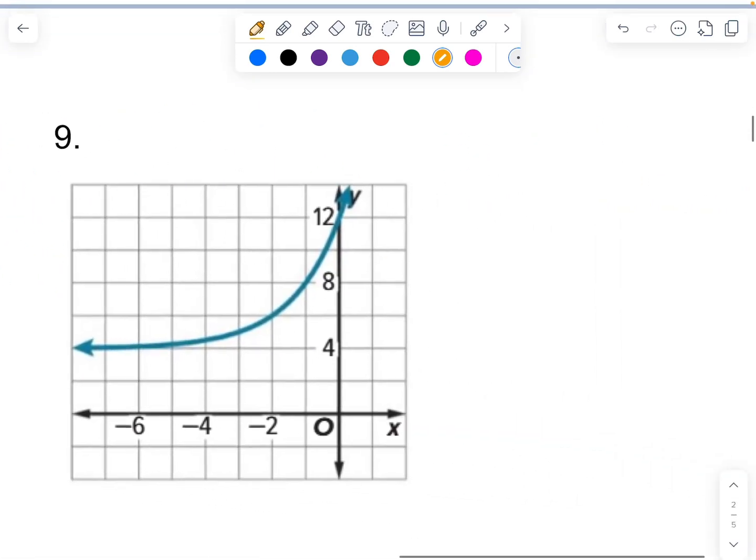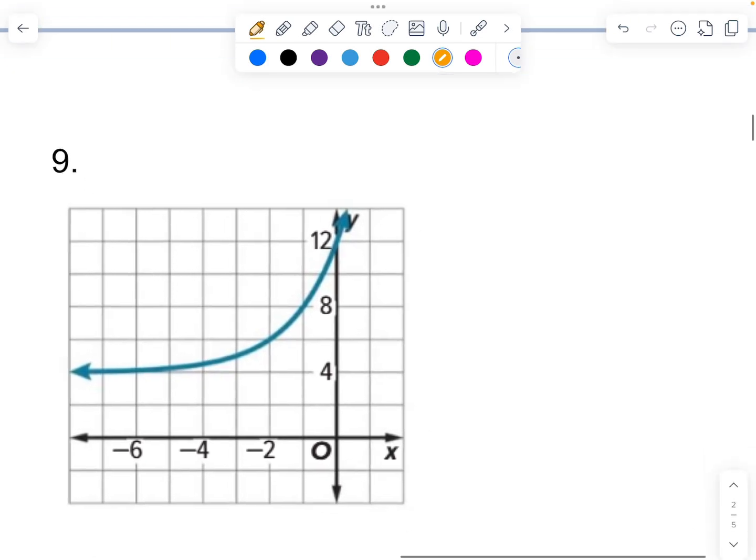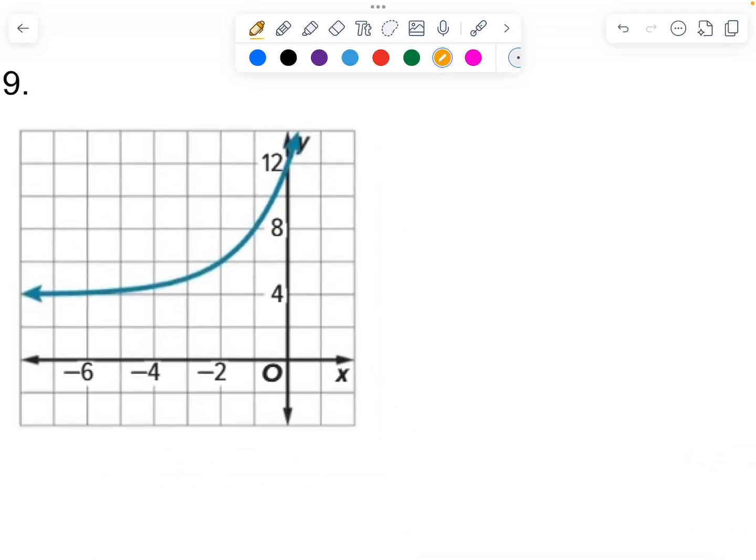Okay, this one. Again, we have the same graph. Let's make sure what's it going up. It's 2, so that means this is here, this is here, this is here. And where are the markings? Okay, so you have to remember this is up by 1, this is up by 2.